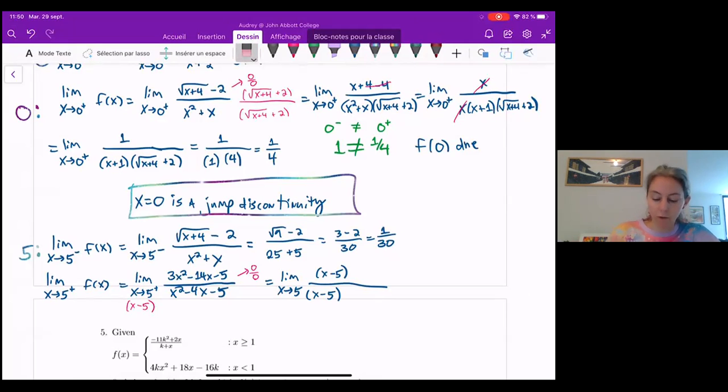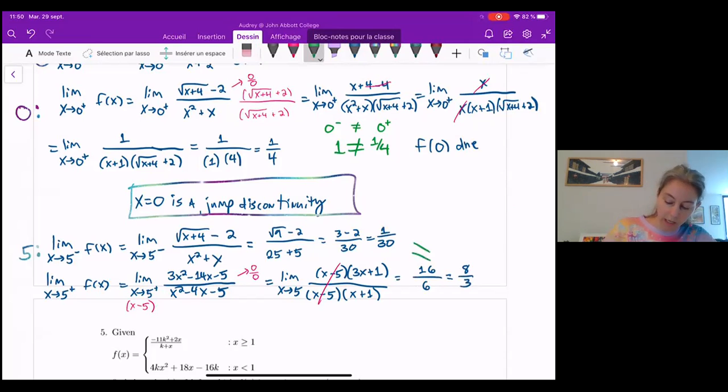Up here, the other factor will have to be 3x plus 1. And down here, the other factor will have to be x plus 1. Using our technique that we've learned at how to factor when we already know a factor. So then I can cancel out the x minus 5s, and when I plug in 5 again, I get 16 over 6, which is 8 over 3.